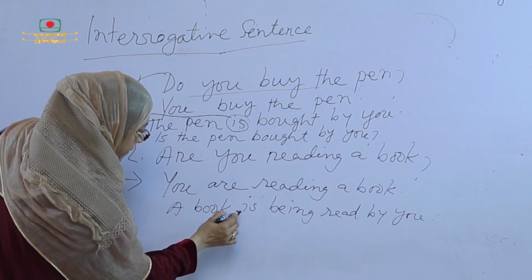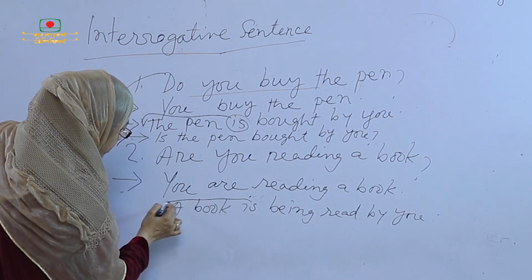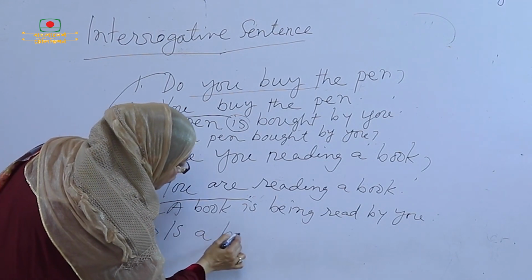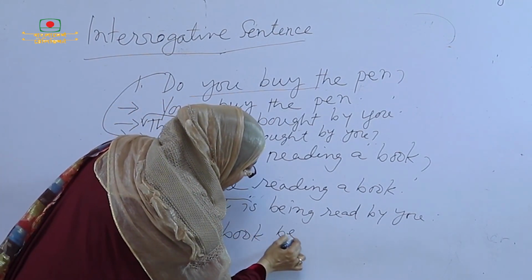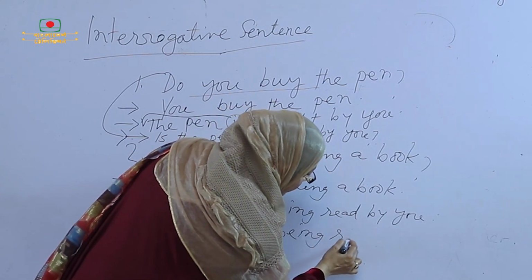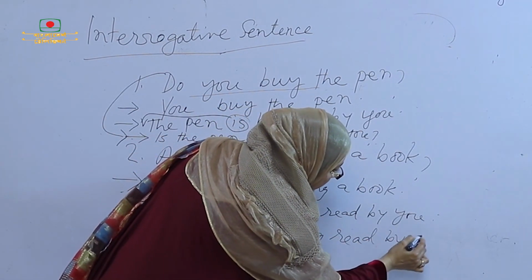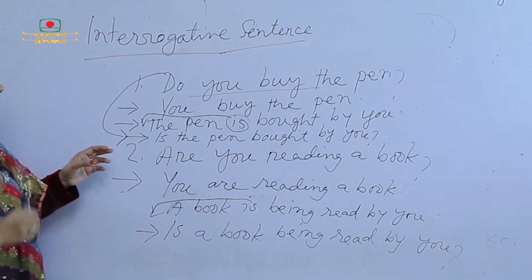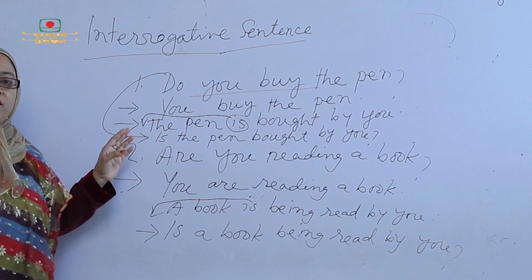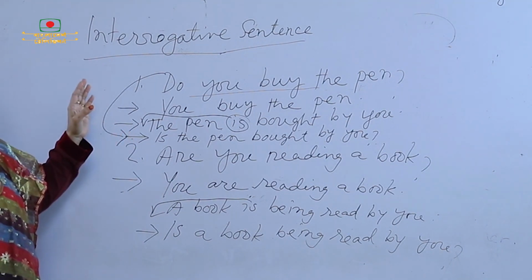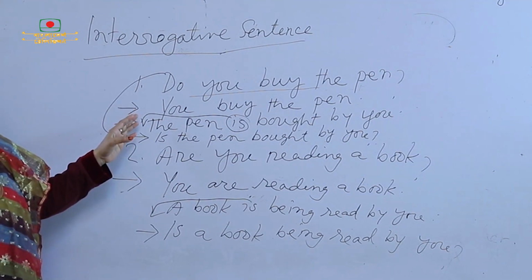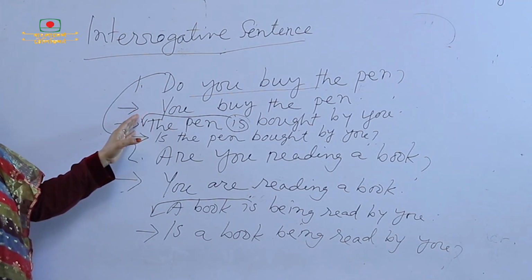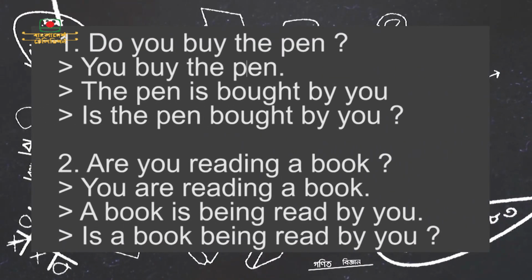And when I turn it into passive, I only put the verb in front of the sentence. Is a book being read by you? So, if you want to change an interrogative sentence from active to passive, it is very easy to you. If you turn the sentences into an assertive, then you can turn it into passive.